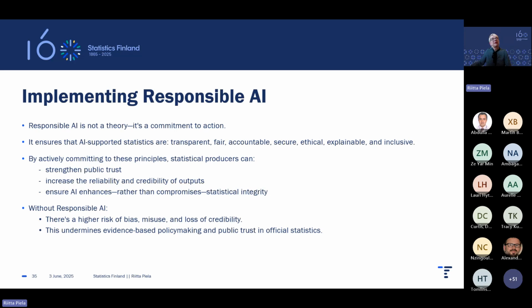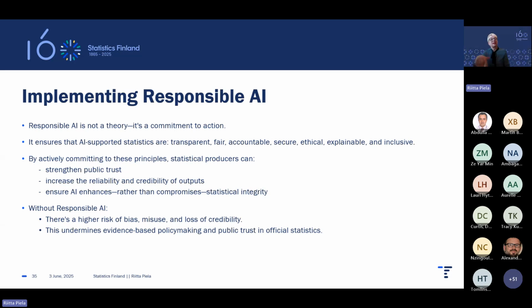So now I've gone through and checked all the principles of responsible AI, but then a couple of slides about implementing responsible AI and checking a little bit the AI regulation side. Implementing responsible AI is not a theory, it's really a commitment to action. It ensures that AI-supported statistics are transparent, fair, accountable, secure, ethical, and so on.